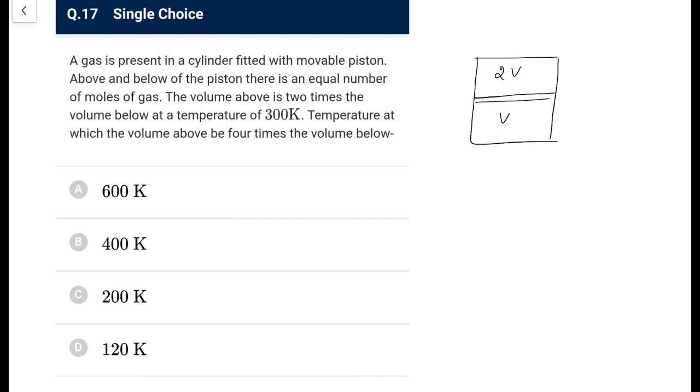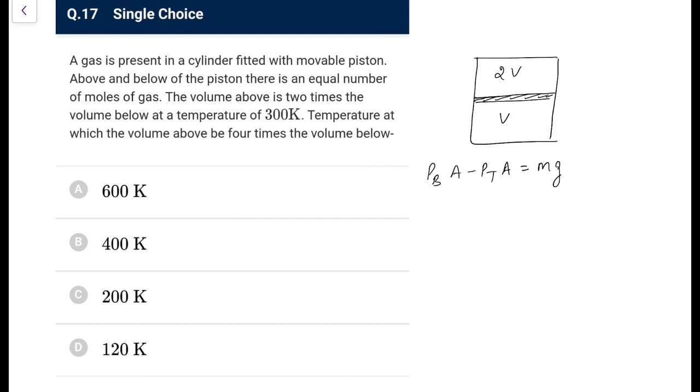So what we are given, there's a piston also, and below and above, so there must be a balancing thing. What we can directly say is, P bottom into area minus P top into area must be equal to mg in any condition. So initially, P bottom minus P top, both temperatures are given.